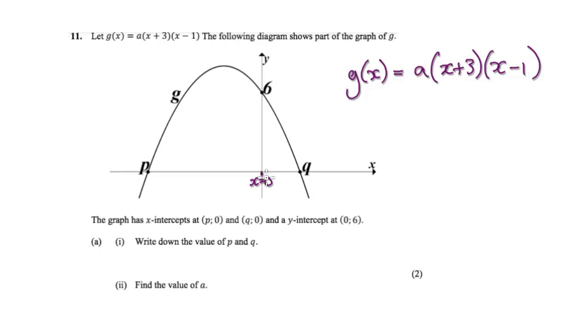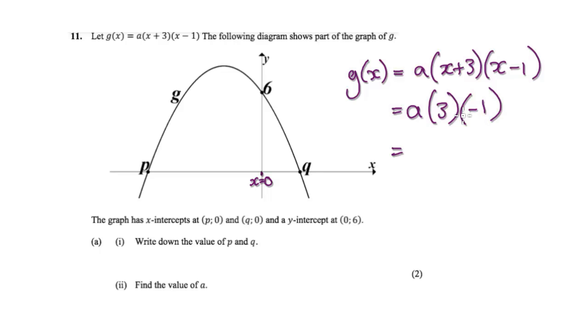So when you put 0 into the x, it will jump to here. So when you put 0 into here and 0 into here, it will give you a, and then, if you put 0 into the x here, this will become 3, and then put 0 into here, this will become negative 1. So you times negative 1.